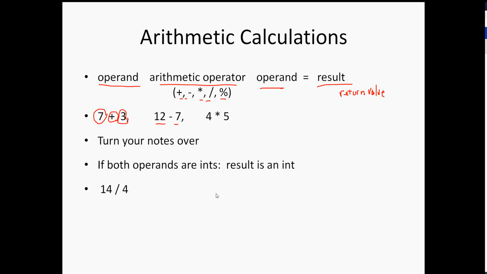If you divide 14 by 4 using a calculator, you're going to get 3.5. But 3.5 is a double, so the result of 14 divided by 4, according to Java, cannot be 3.5.